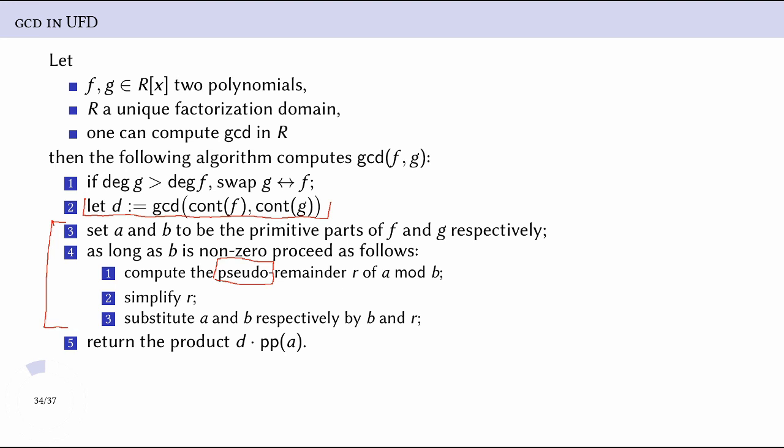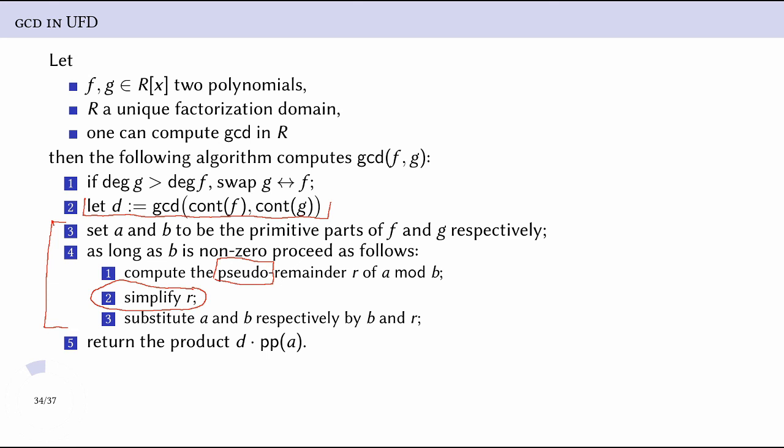However, we have this strange, mystic point 2 here, where we somehow simplify r. I will explain in a moment. But besides this, this part 3 and the loop at 4 look like a standard Euclidean algorithm.